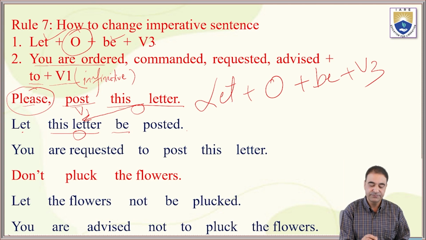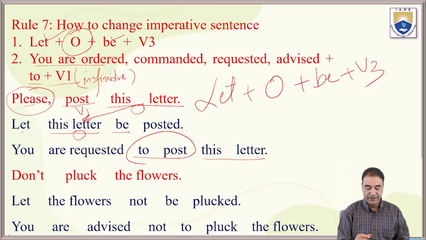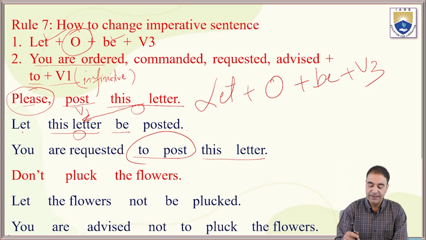Therefore, we will write you are requested. Then introduce infinitive, that means non-finite verb, that means to plus verb in first form. Here, you are requested to post this letter. Now, look at the second example.